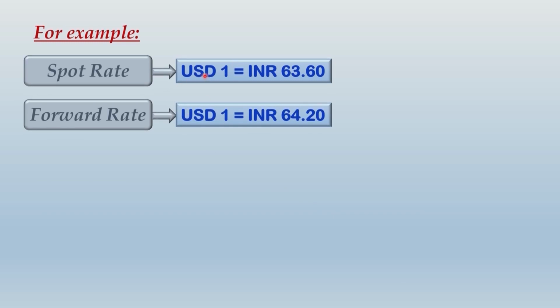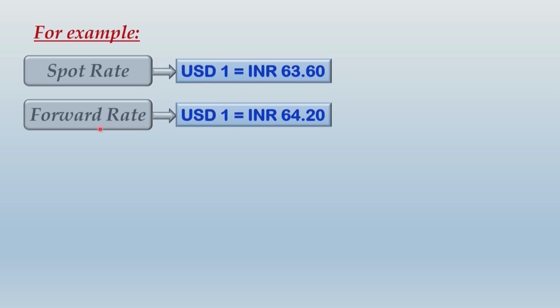First of all, this quote is given not for the Indian rupee, but for the US dollar. Why? Because this quote is given for 1 unit of US dollar, correct? In such a case, the dollar's price is INR 63.60 at the spot and INR 64.20 as the forward rate, what do we find?